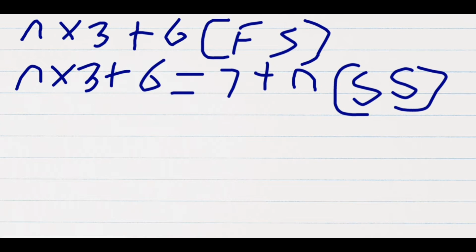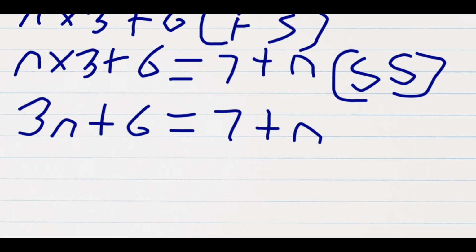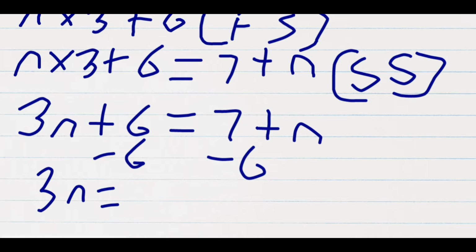N times 3 is 3N. So 3N plus 6 is equal to 7 plus N. Now we're going to subtract 6 from both sides. So we have 3N is equal to 7 plus N minus 6.